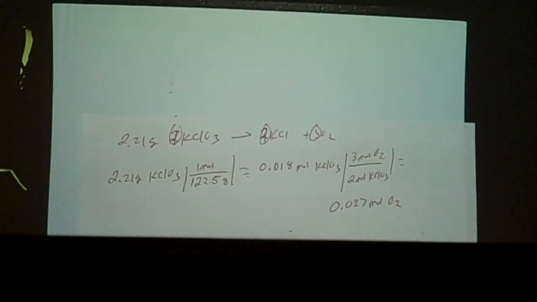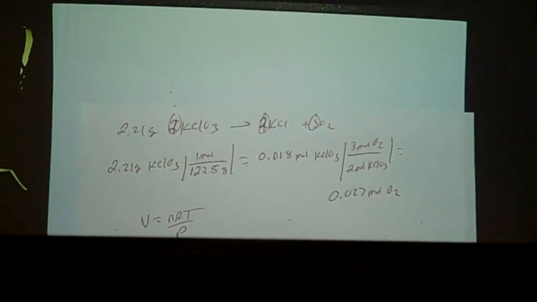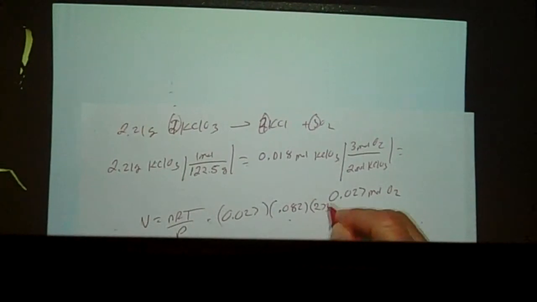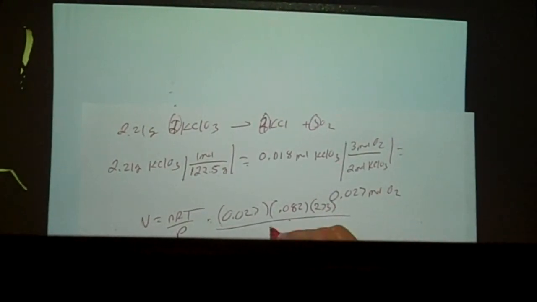Now, if I want to know the volume that oxygen would occupy, I'll use the ideal gas law. Volume is equal to nRT divided by pressure. n is 0.027 moles, times R, 0.082. I'm leaving the units off, but you should always put them on when you're working. Temperature is 273 Kelvin, and the pressure is 1.0 atmosphere.